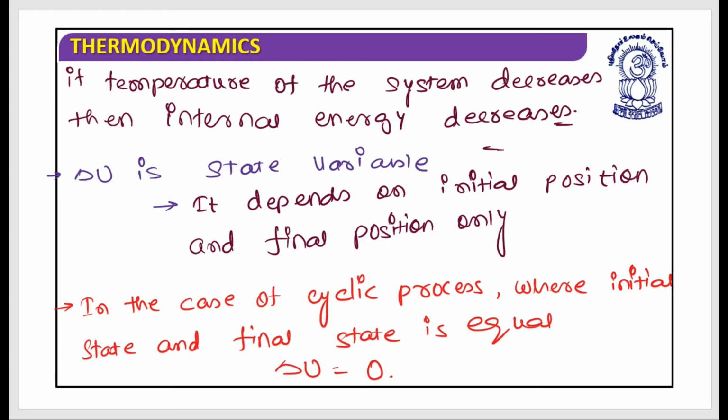Now one more thing: when I'm talking about the internal energy of the system, I must understand that internal energy of the system depends on the temperature as well. If it is dependent on the temperature, what would be the value of delta U if I have an isothermal process? Think over it and let me know.